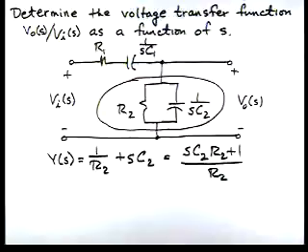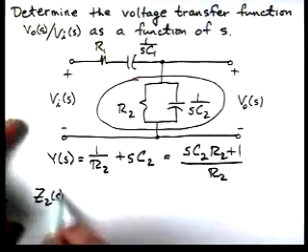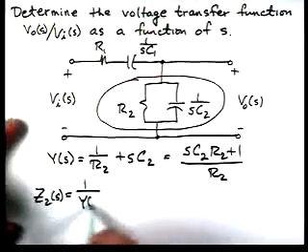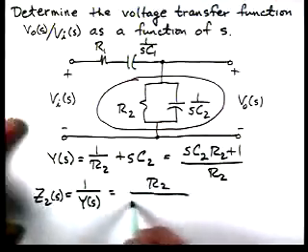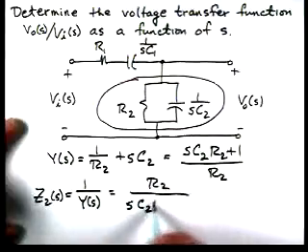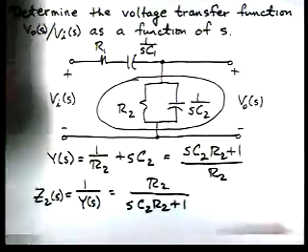What we're going to need is an impedance, so I'm going to define impedance Z2, which is 1 over Y, and that's R2 over (sC2 R2 plus 1).